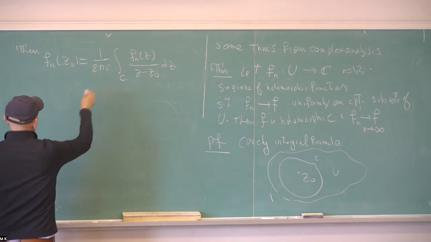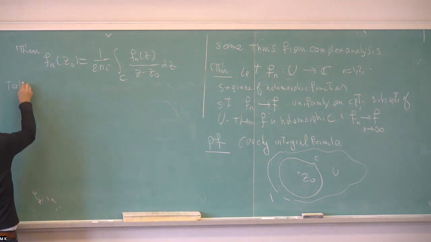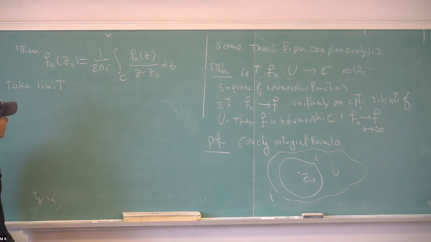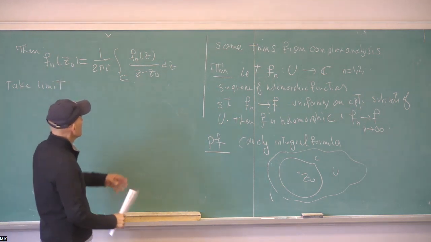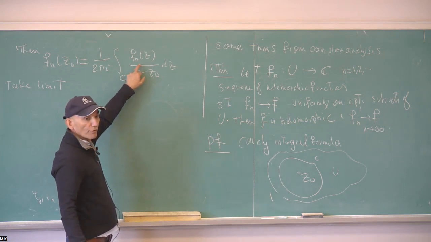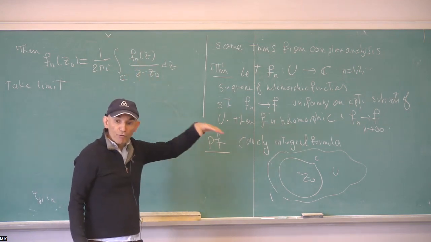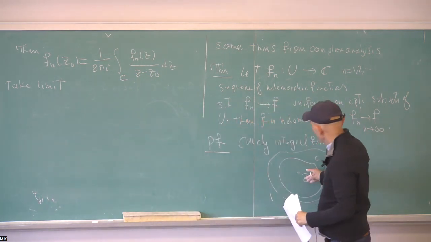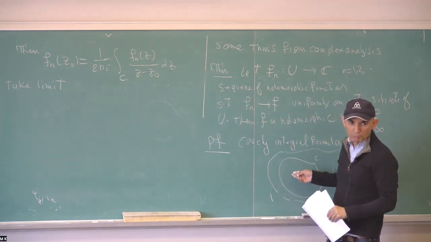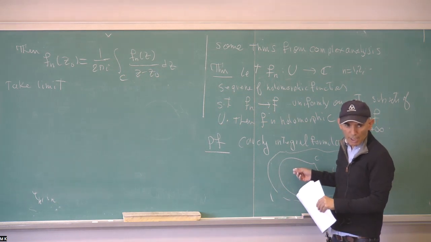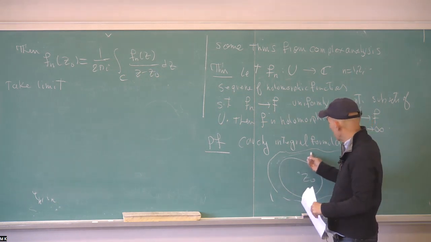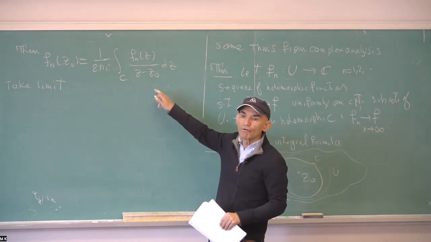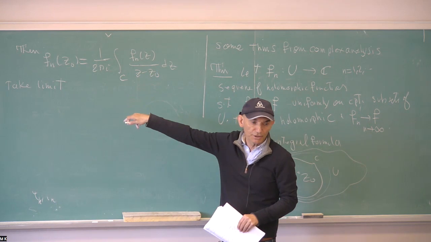Now we can take the limit. Because these F_n converge uniformly on compact subsets, you can take a compact subset that contains this contour and its interior, and on that compact set you see that this integral converges to the corresponding integral in terms of the limit.